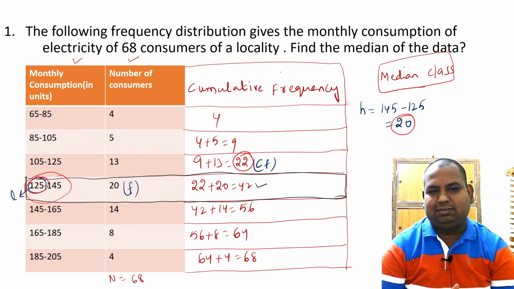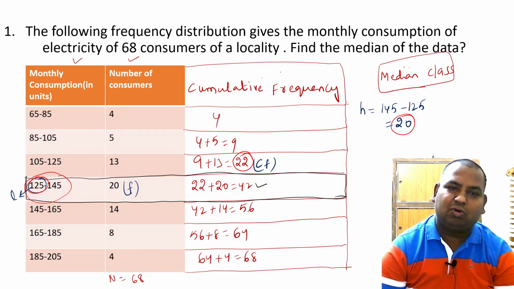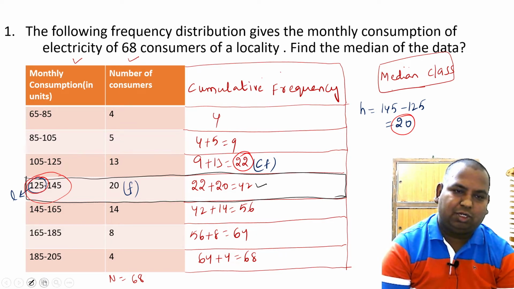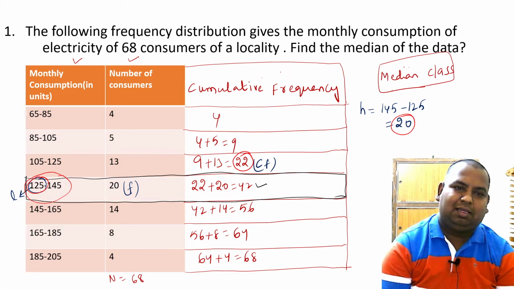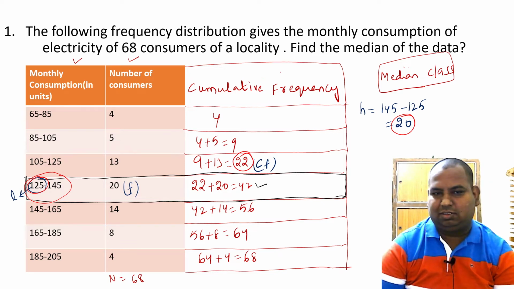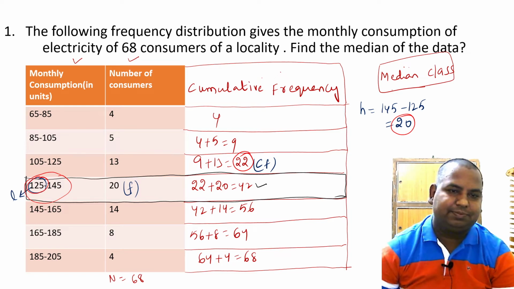After finding the median, if you want to know whether you have done correctly or not, you need to check whether your median is lying between the lower limit and upper limit of the median class. If it is lying, you have done correctly. Got it?